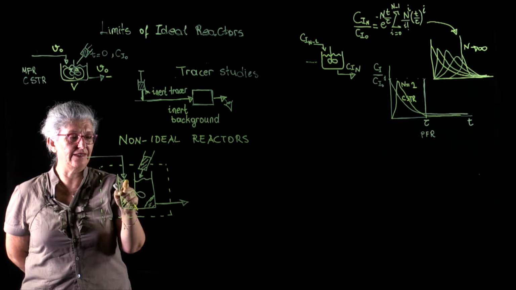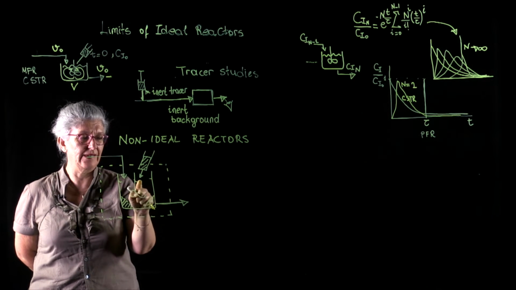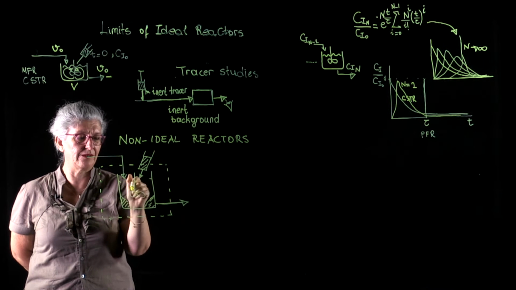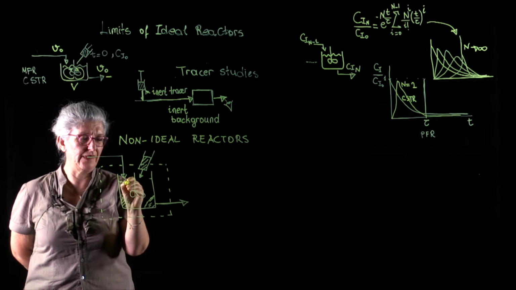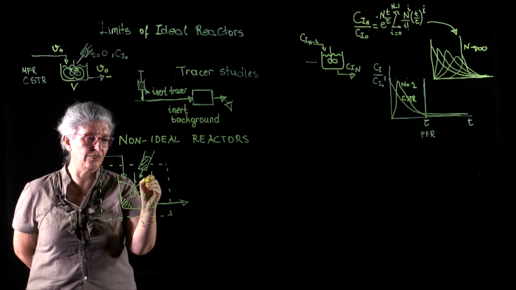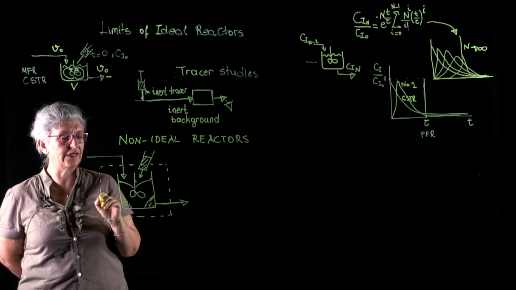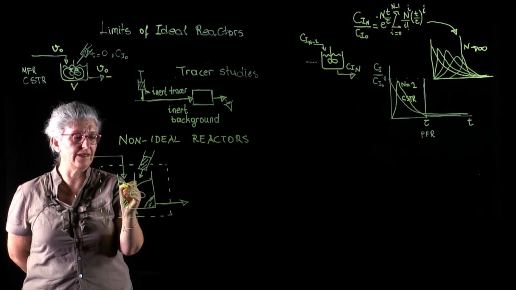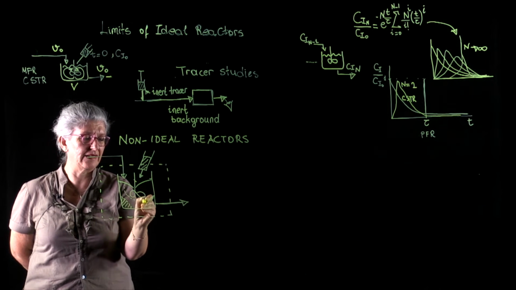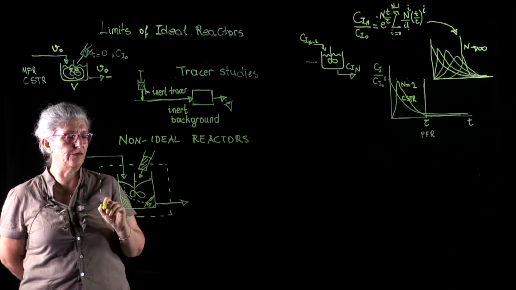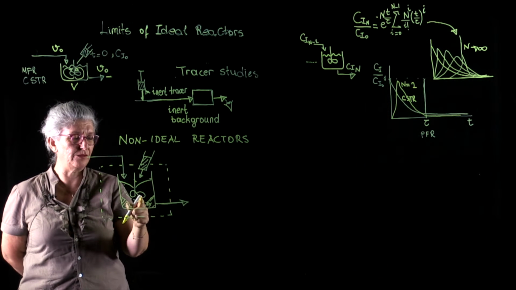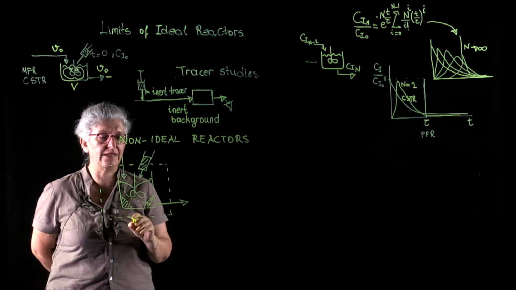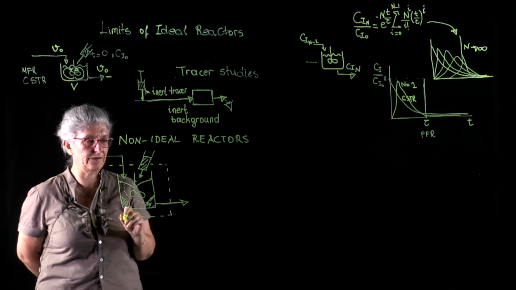And instead of a flat boundary, our impeller also exhibits a vortex, and this vortex results in the bypassing of some of the fluid without even mixing with the rest of the contents.